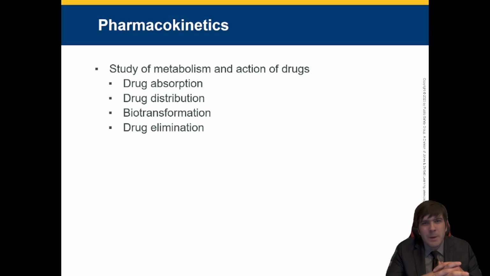Usually the liver is responsible for biotransformation. And then the drug goes through elimination. Some of the organs that it can be eliminated through: the kidneys, the intestines, the lungs, the sweat glands, the mammary glands. If your excretion organs are damaged, you may find buildup, and you might see drug toxicity as a result.